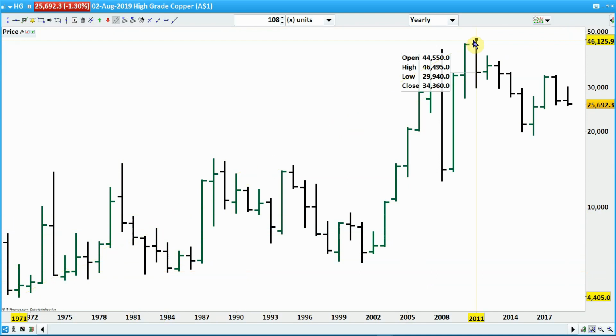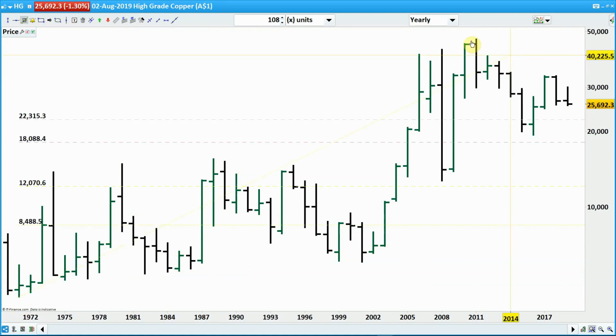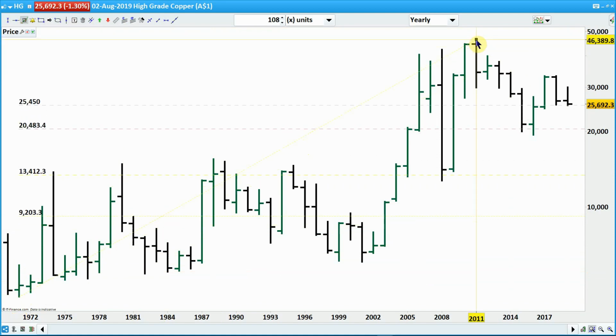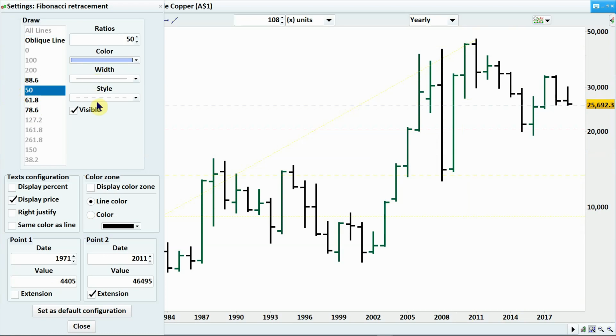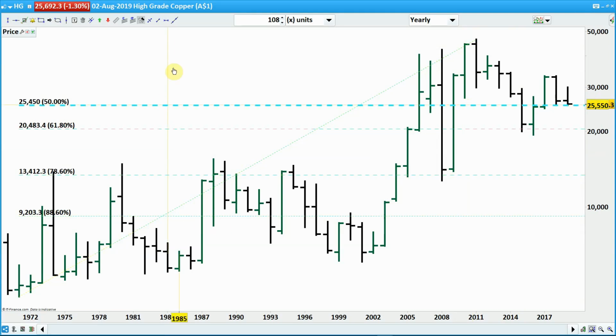That's almost 1,000 pips jump from that date. So actually it has exactly stopped at 50%. I think so. Yeah. So this is the 50% level in front of you, which is 24,450.